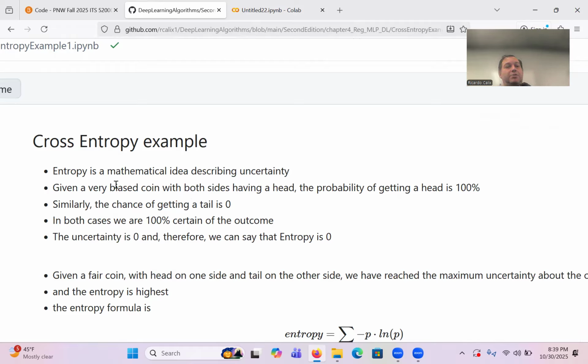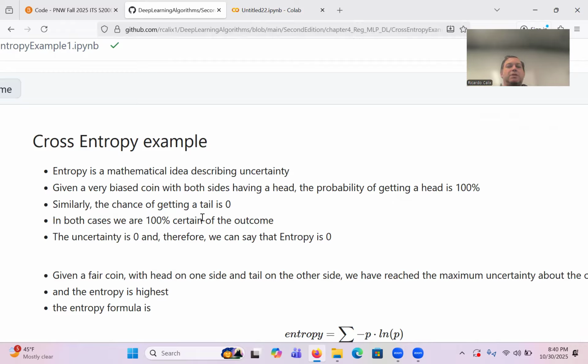So let's think of entropy in the case of flipping a coin, like we all know from probability. Given a very biased coin with both sides having a head, the probability of getting a head is what? 100%, because both sides are heads. So there's no uncertainty there.